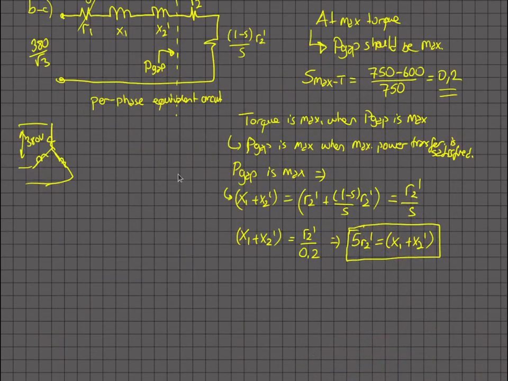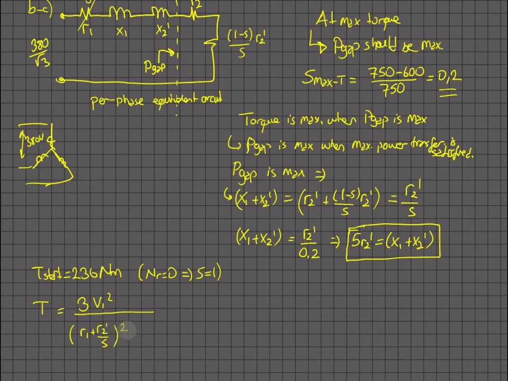Okay, so I know T starting is equal to 236 Newton meter, and starting torque means NR is equal to 0, so that means slip is equal to 1. Okay, so torque is equal to 3 V1 squared, or V20 squared, whatever you call it, over R1 plus R2 prime over S, squared.